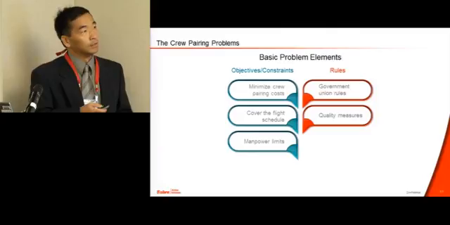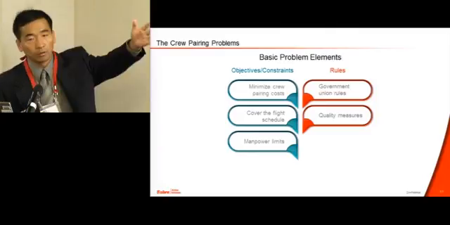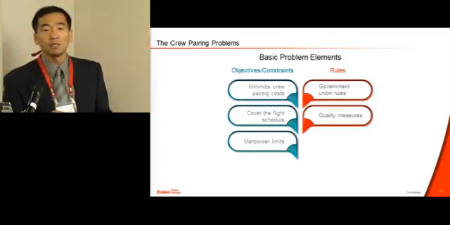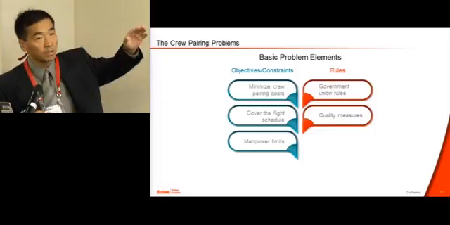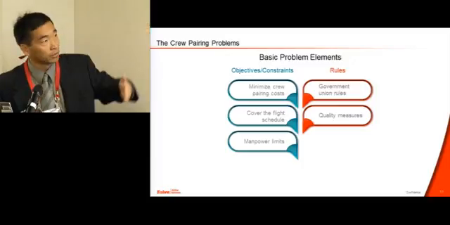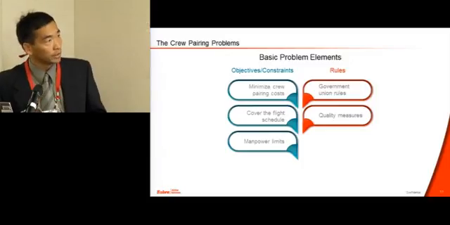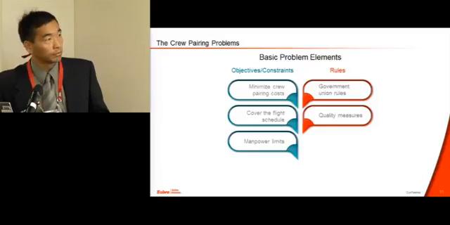So this is a quick view of the basic pairing problem without augmentation. The goal of the basic problem is to minimize the pairing cost. The pairings have to be legal, and legality will be checked. Then it needs to cover the flights with fixed crew requirements while respecting the manpower limits.